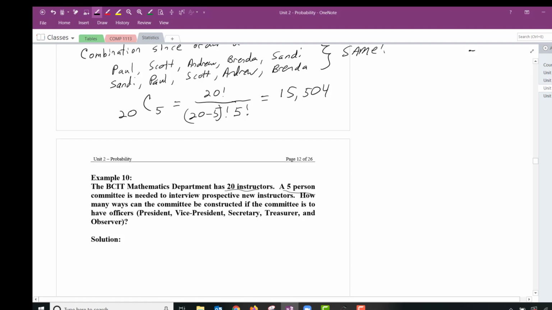If Paul is the president, Scott is the vice president, Andrew's the secretary, Brenda's the treasurer, and Sandy's the observer, it's a different committee from Brenda being the president, Sandy the vice president, Paul the secretary, etc. So by adding those officers, we've now introduced order. So order matters.